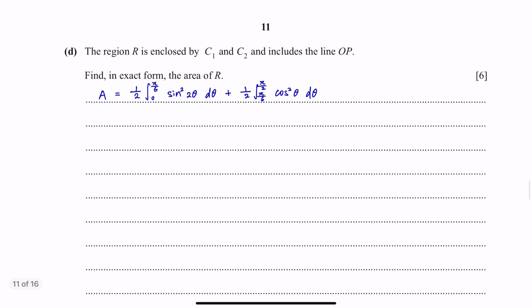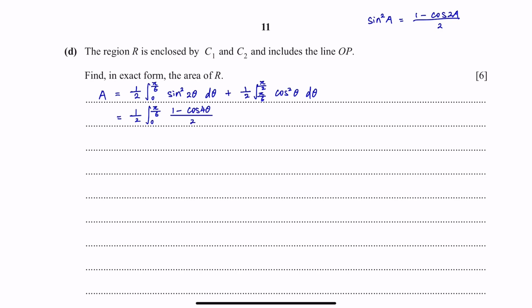So we can't integrate sine square, so we need to change it into cos. And from the formula booklet, we have sine square A equals 1 minus cos 2A over 2. So we change it to 1 minus cos 4 theta over 2.